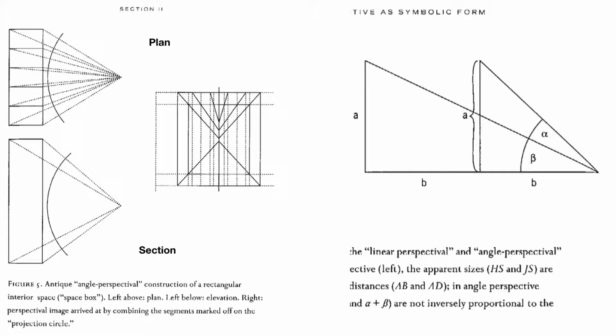I have made it a little bit more clear because it doesn't self-explain it. But up there we have a plan of a box, and down here we have a section of the box. And on the upper part of the lower surface of the box, there are straight lines. And these straight lines in linear perspective would actually come together in one focal point, the one point central perspective.